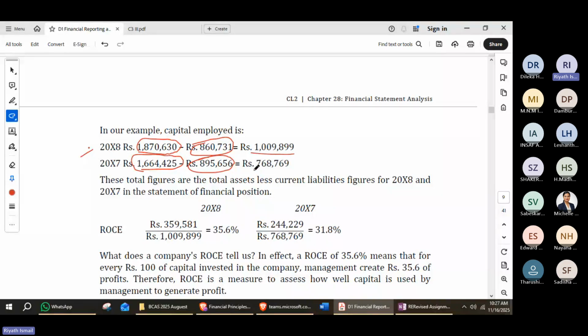So this is the amount of capital employed. You can take the same figure as equity plus long-term liabilities or non-current liabilities, without considering the current liabilities. So these total figures are total assets minus current liabilities.